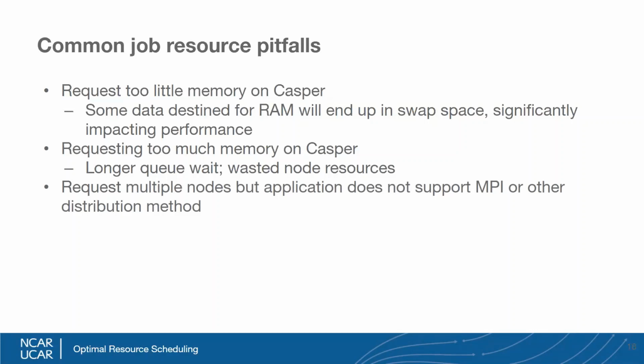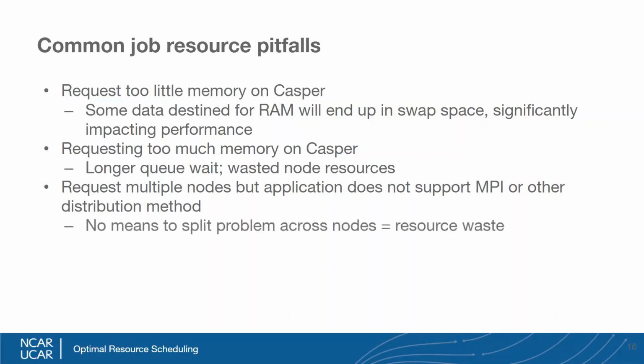You can request multiple nodes, but if the application doesn't support MPI or some other distribution method like Dask, then you're just wasting resources because there's no means to split your workflow across those nodes. This can be easy to miss with GPU frameworks, because those frameworks tend to be smart about using the resources they have access to.